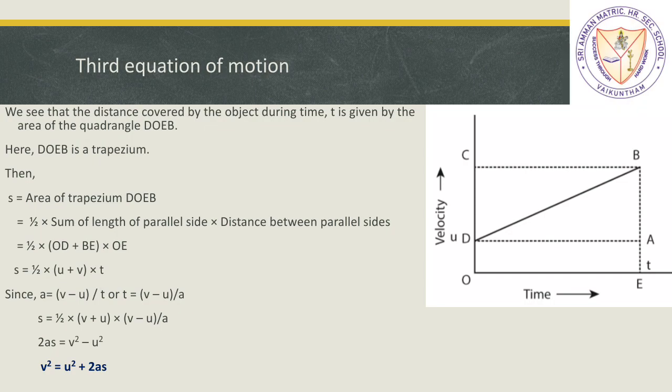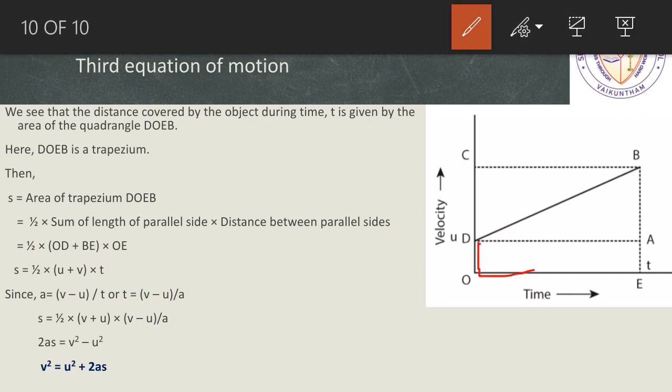Here also we use the concept of the area under the graph will give us the value of distance or displacement. Here we know that in the previous case we took it as the sum of the area of a triangle and a rectangle.